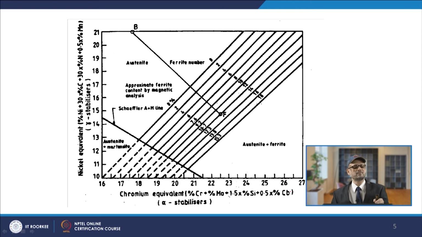Similarly, you have the nickel equivalent also given, and from there you will get these 2 points. So, first of all we will be finding the chrome equivalent and the nickel equivalent values.